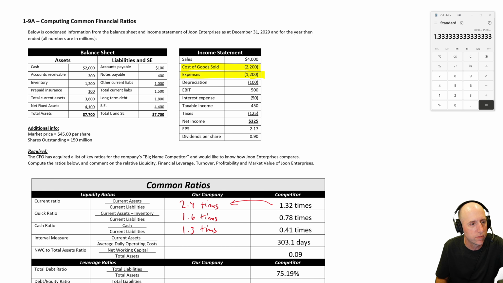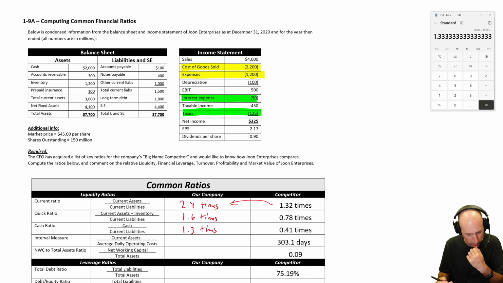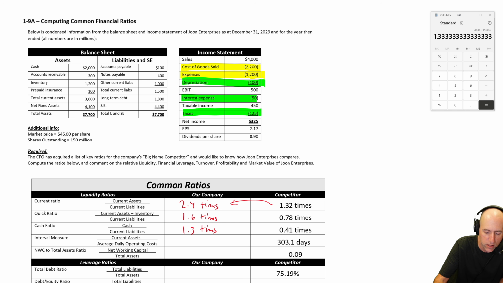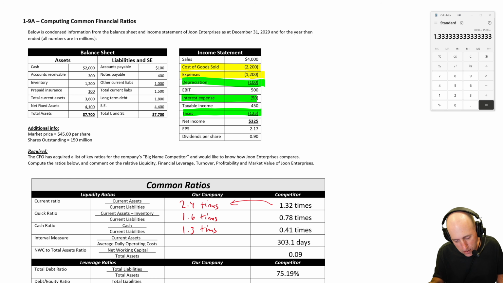I exclude from this interest because it's not operating, and taxes, again, not day-to-day operating costs. And I exclude depreciation, and the reason is this is a cash burn. So depreciation, although it's a cost, it's not one that's going to cause me to be illiquid, right? Liquidity is like cash-like stuff, and depreciation, we're not burning cash here. So it's COGS plus any operating expenses.